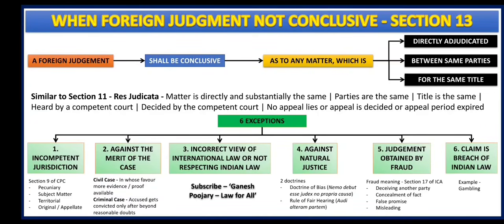It is a breach of Indian law, so such a judgment given by a foreign court is not conclusive. That's all about the exceptions under section 13.